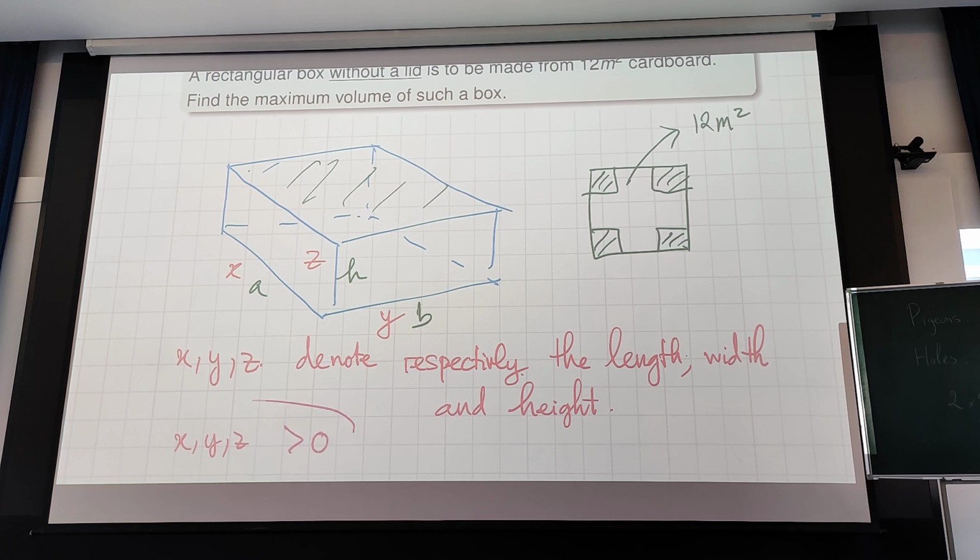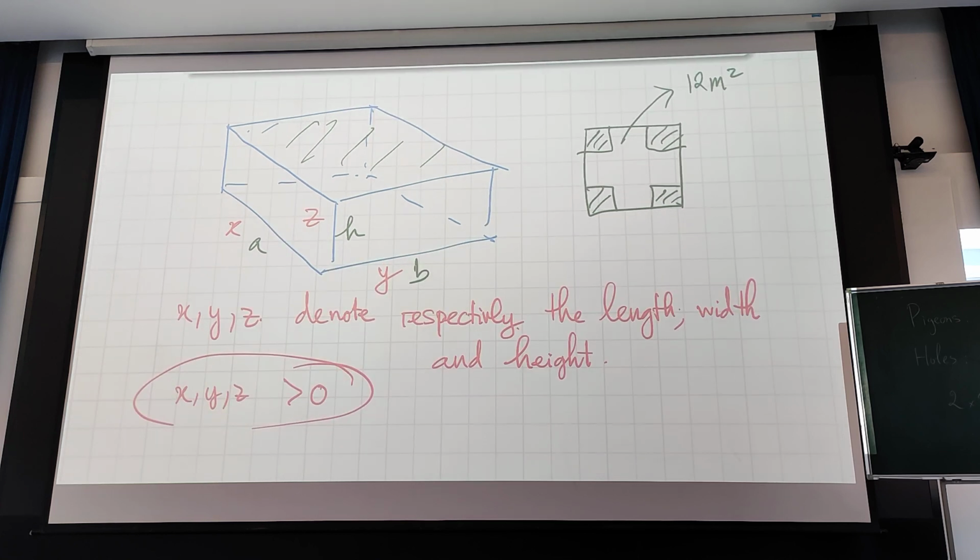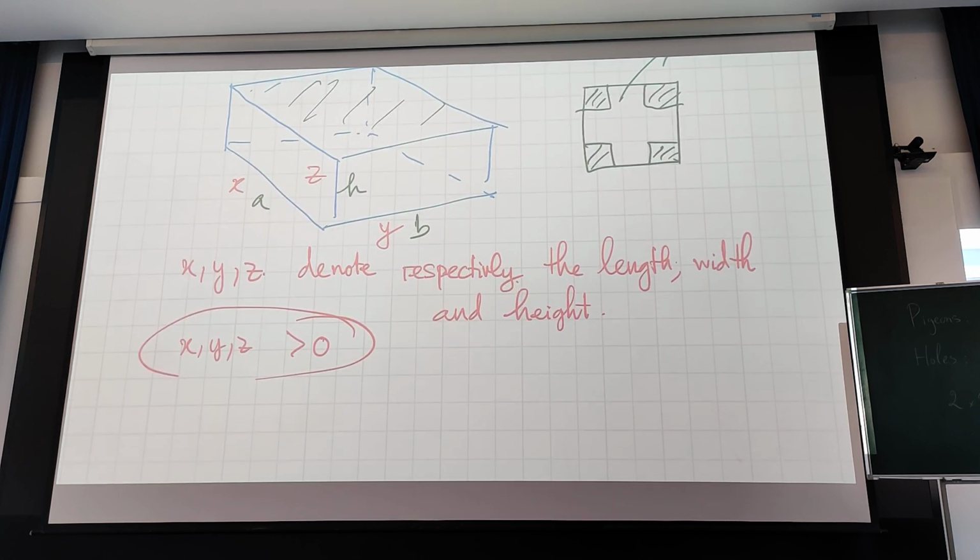That is the first thing you should be careful about: find the condition of all variables. The volume is given by the product of the three dimensions. This is the formula for the volume of the rectangular box, and this is also the function we want to maximize.